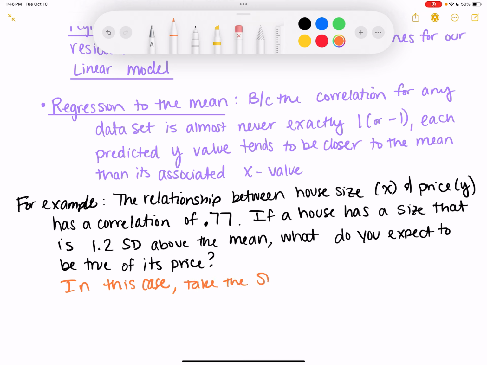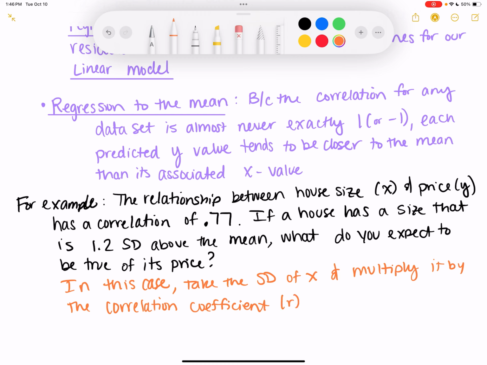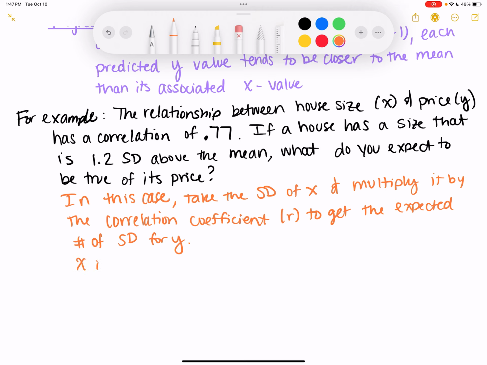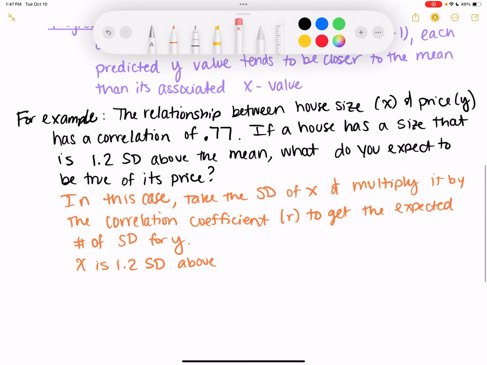In this case, take the standard deviation of X and multiply it by the correlation coefficient R to get the expected number of standard deviations for Y. So X is 1.2 standard deviations above, so we would have standard deviations times R, which would be 1.2 times 0.77, which is 0.92.